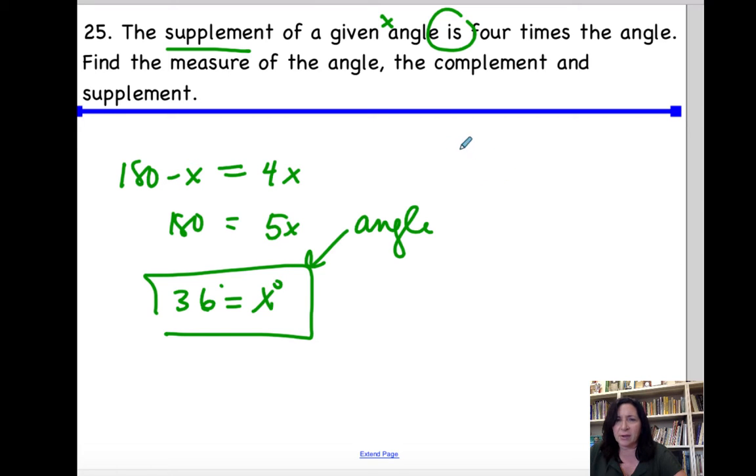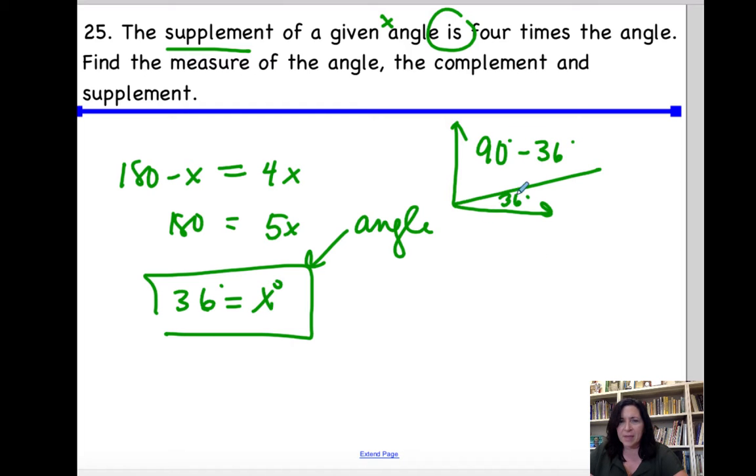So if my angle is 36 and I had a right angle, and that was down here, 36 degrees, what is the complement? The complement would be 90 minus 36 degrees, so that's going to be 54 degrees. Now, to find my supplement, that looks like this. If I have a supplement and one of my angles is 36, this is going to be 180 minus 36.